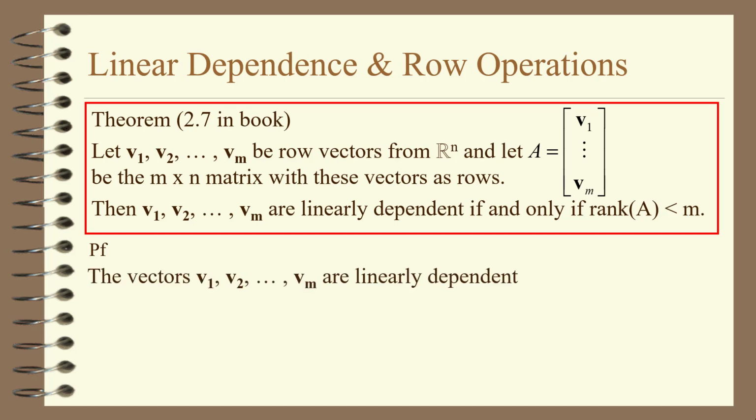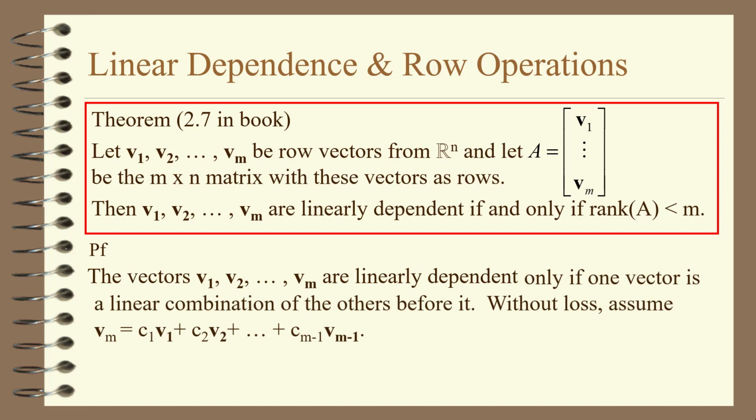So, to do the proof really quickly, suppose those vectors are linearly dependent. That would be, if and only if, or in this case, only if, one vector is a linear combination of those that come before it, because you can reorder by swapping if you need to. Without loss of generality, just pretend that Vm is this particular linear combination of the vectors that come before it.